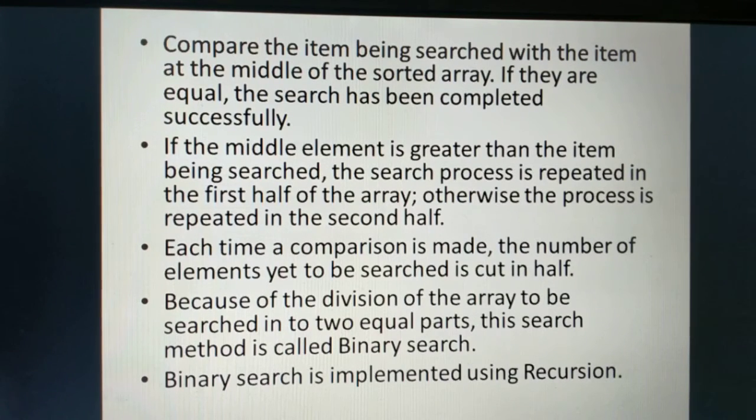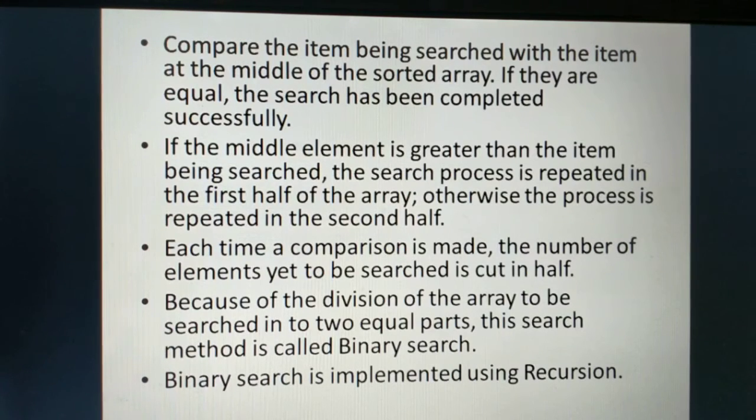So what happens is, first the mid element is found. If the middle element you have retrieved is greater than the item you are going to search, then the first half of the array is going to be searched. That means you are reducing, right? You need not look at the other one.